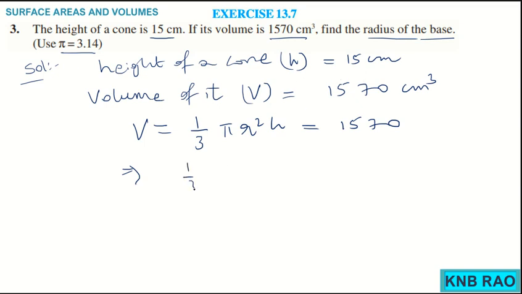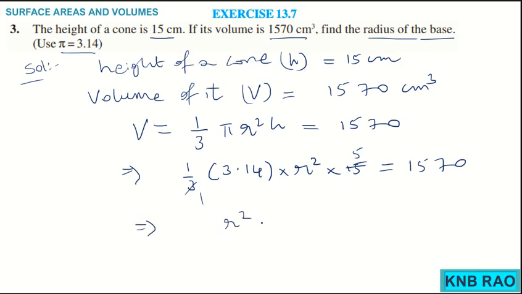So 1/3 pi, they asked us to use 3.14, into r square into 15 equals 1570. Now 3 ones are 3, 3 fives are 15, where r square is equal to 1570 divided by 3.14 into 5.